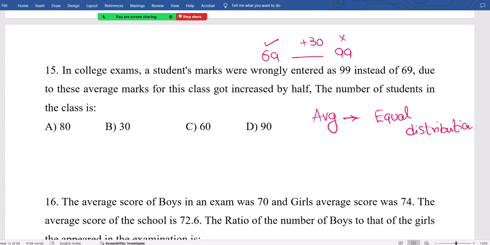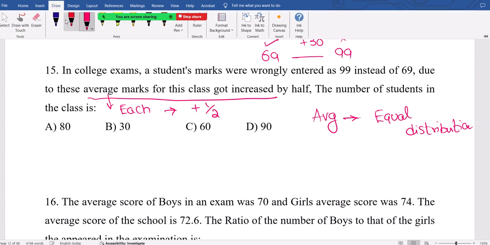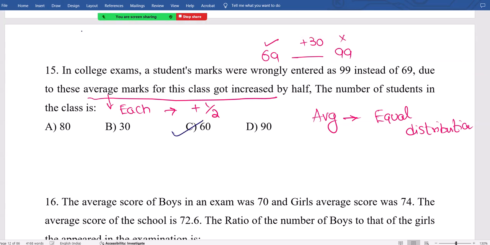You added 30 extra, but the average increased by half, which means each candidate got half a mark only. Each added by half. You added 30 in total, each one got half, which means the total number of students is 60. See, no formulas I am using here.